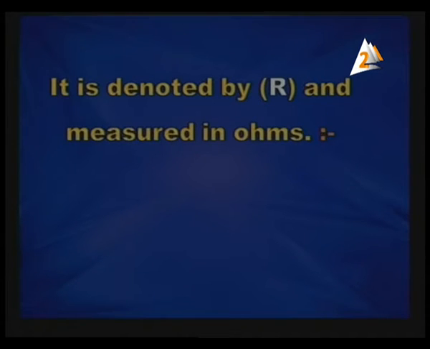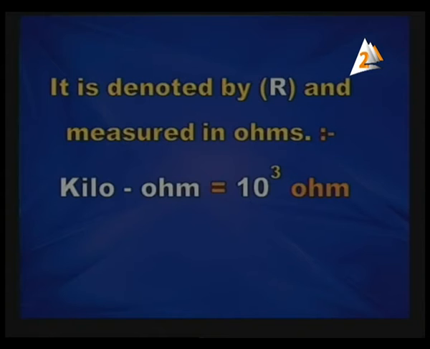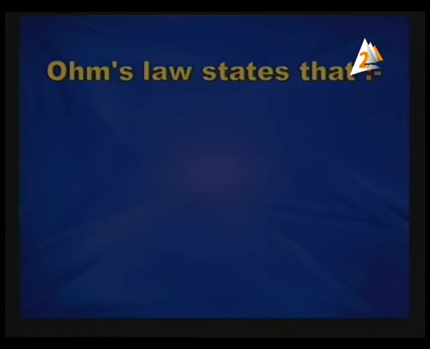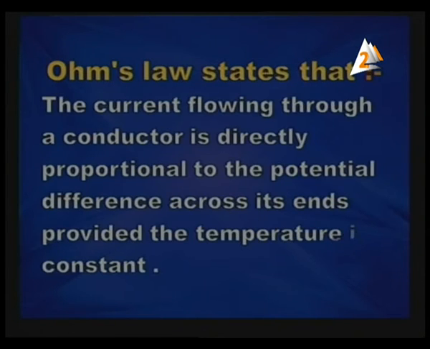Also, you should be able to convert kilo ohm into ohm. It is multiplied by 10 to the power of 3. And what about mega ohm? It is multiplied by 10 to the power of 6. Now we want to state the law. What about the statement of Ohm's law?